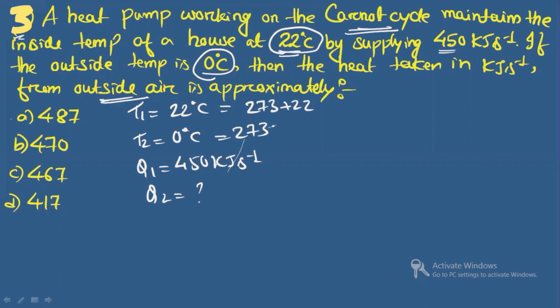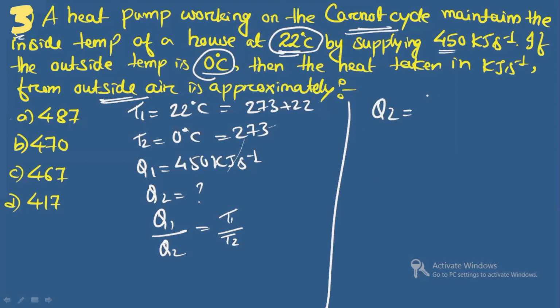This will be 273. Now you see, you already know that Q1 by Q2 is equals to what? We have already seen this particular formula. Q1 by Q2 is equals to T1 by T2. So from this, what we can write? Q2 is equals to Q1 into T2 by T1.